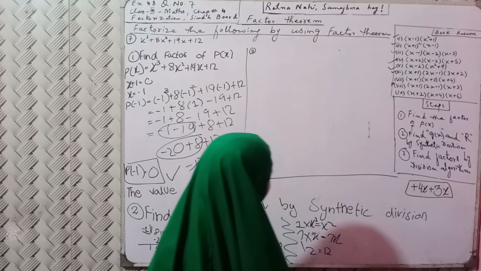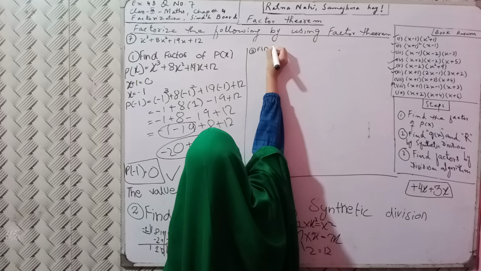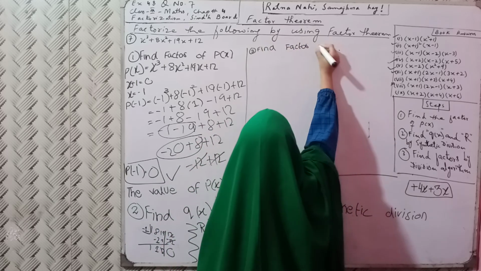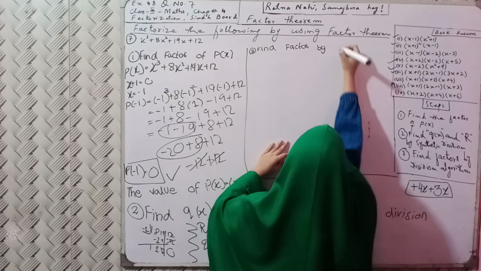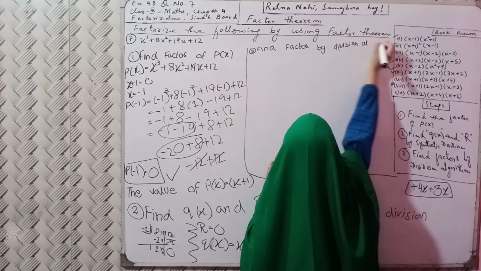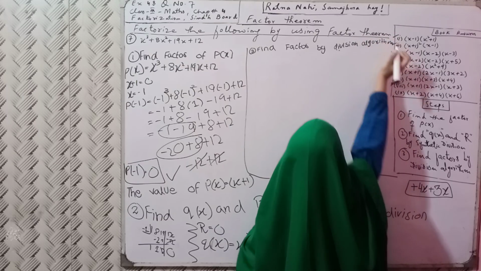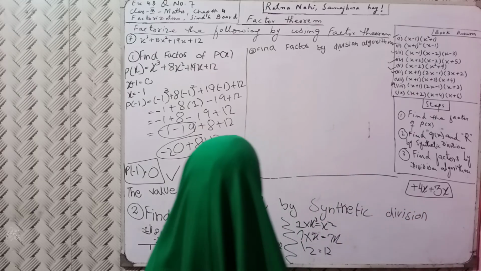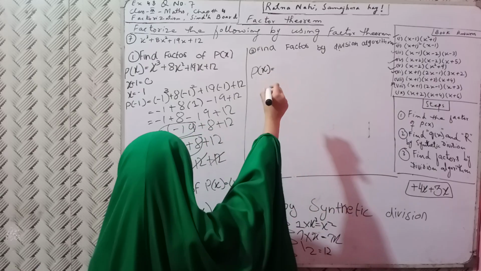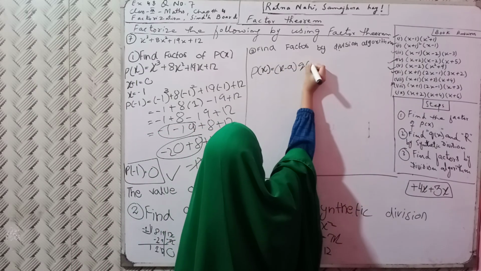The third step is to find the factors by division. Now here, first of all, we will write the formula: p(x) is equal to (x minus a) times q(x) plus r.